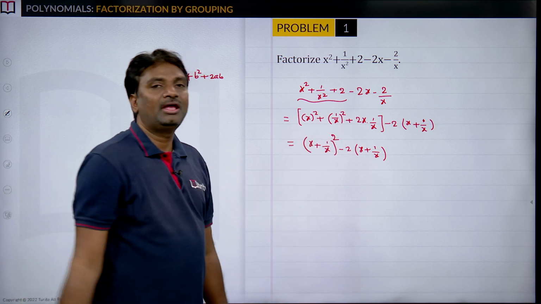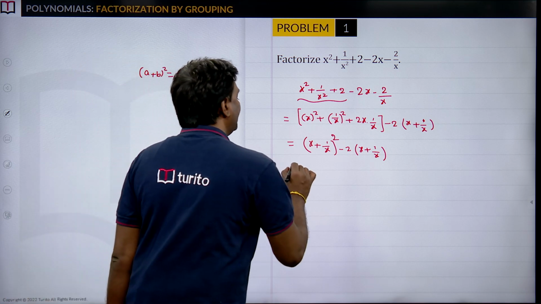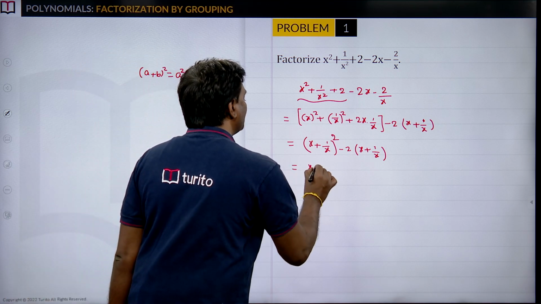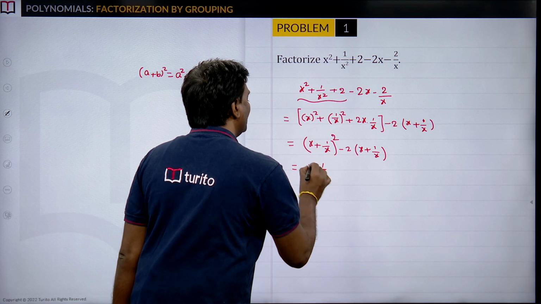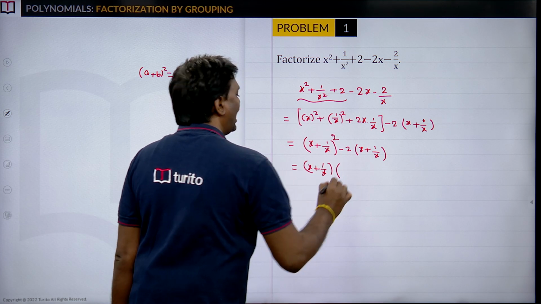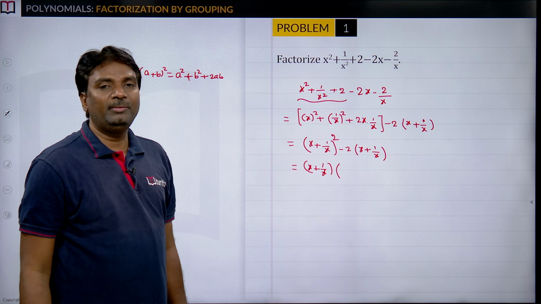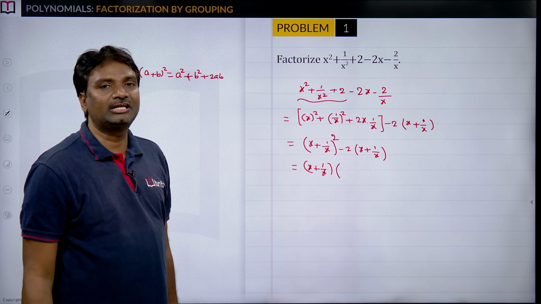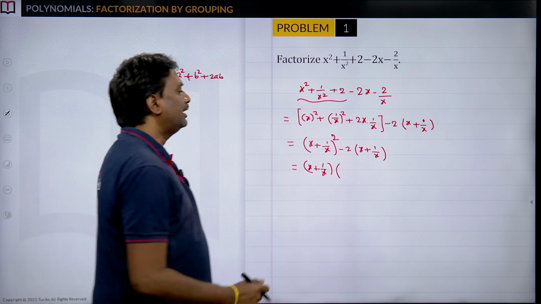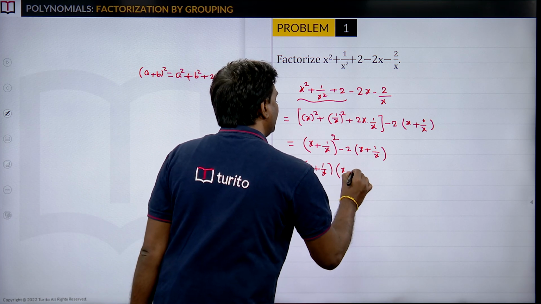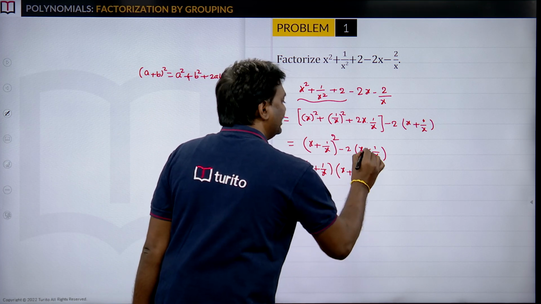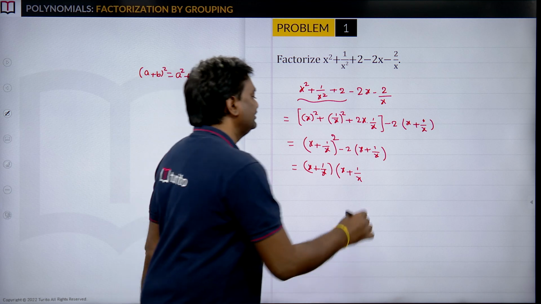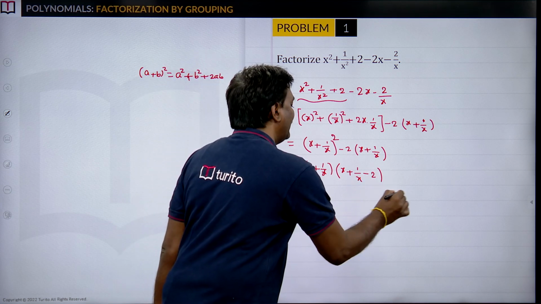So, that is why we can take x plus 1 by x as common. So, from x plus 1 by x whole square we have taken x plus 1 by x as common. So, the remaining part is x plus 1 by x. Since we have taken x plus 1 by x as common, we will get minus 2.